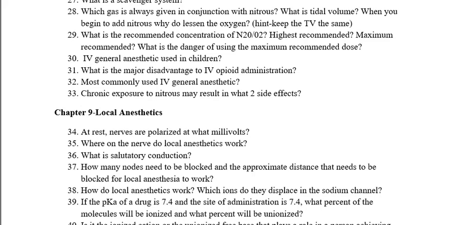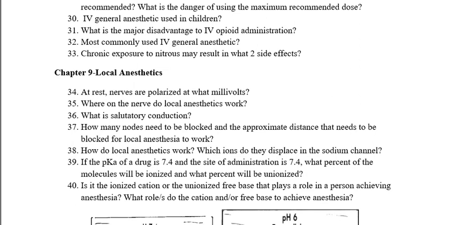So now the message has to travel the whole length of the nerve versus hopping, and that makes it much slower. And that makes their movements much slower. So sometimes you see someone with MS having a difficult time walking. So that's why. How many nodes need to be blocked in approximate distance?